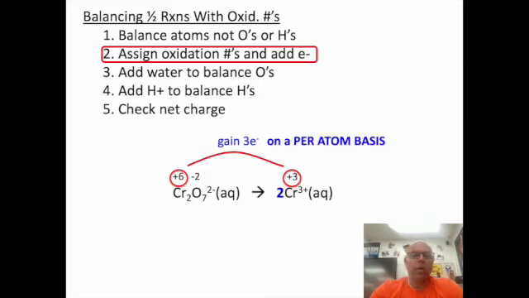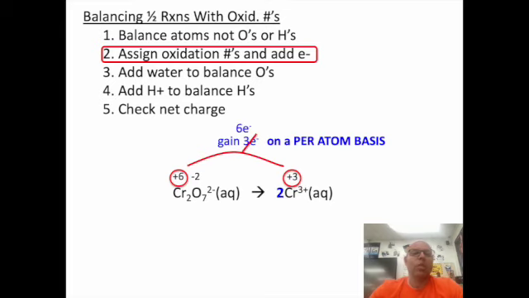On a per atom basis, look at it like this. That structure doesn't look exact, I'm just being simple here, but I've got 2 chromiums attached to those O's. My oxidation numbers are telling me that for every 1 chromium I gain 3 electrons. So if there's 2 chromiums, each one's gaining 3, but I'm gaining 6 total.